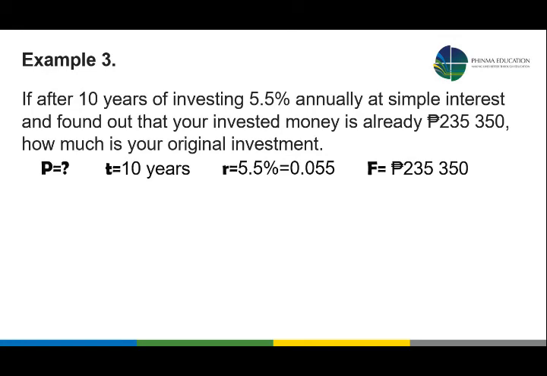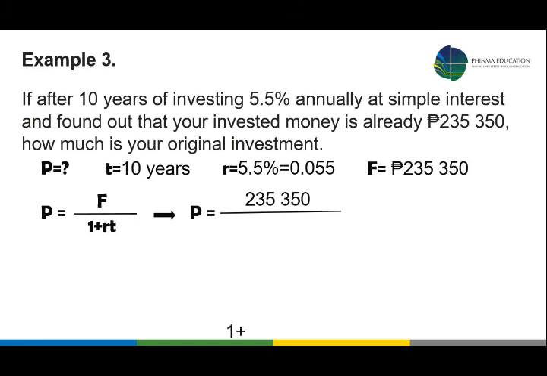So in order for us to solve the original investment, P is equal to F divided by 1 plus RT. This is shown in the previous slide a while ago. So evaluating it, it would be 235,350 divided by 1 plus the product of rate and time.